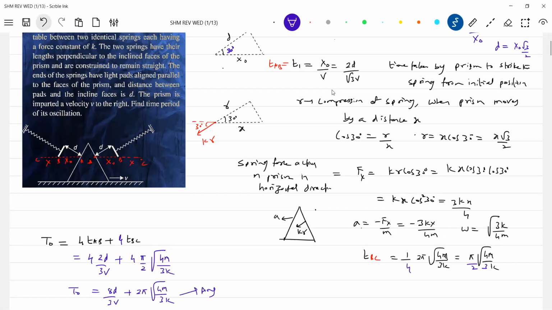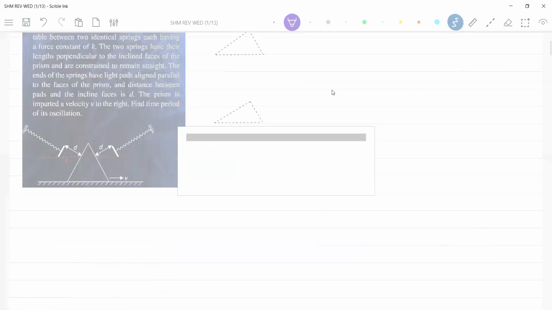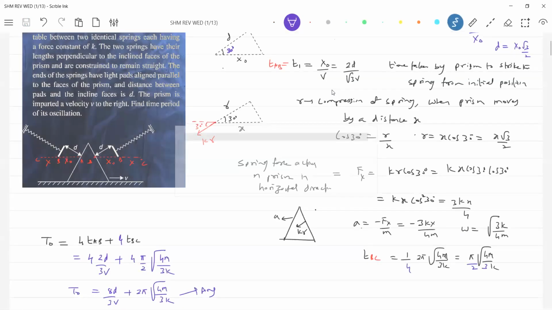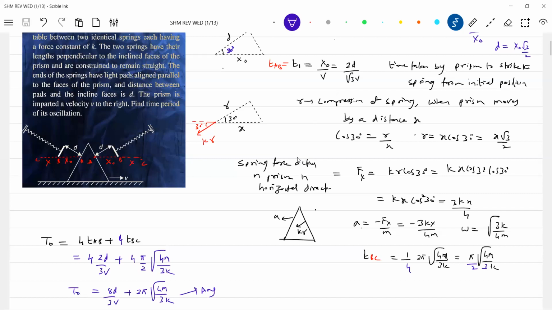This will be your answer. So when spring force is not acting along the displacement of the particle, try to analyze what situation can arise.